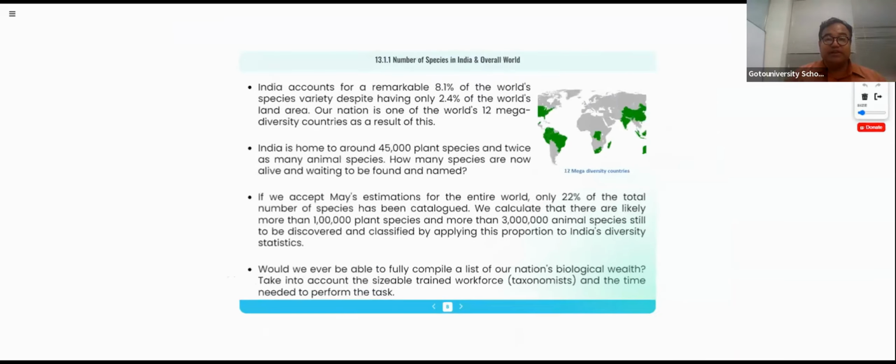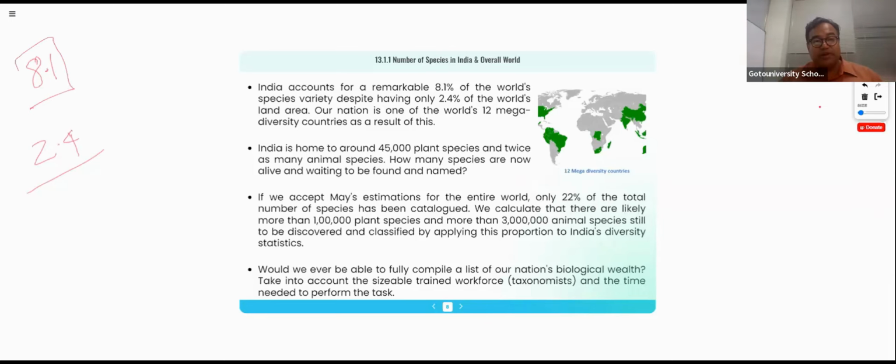We know very well that in this world, 8.1% is having maximum species population, and 2.4% of the world is having less population. Again, I'm repeating: 2.4% of the world is the land area, right?